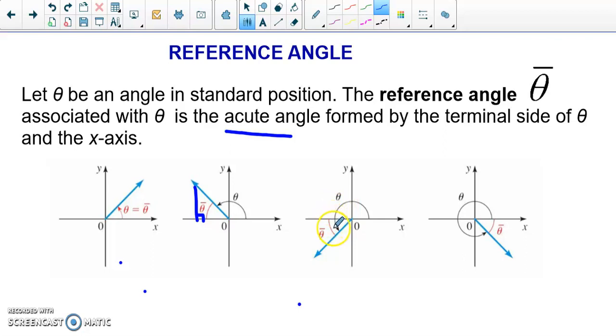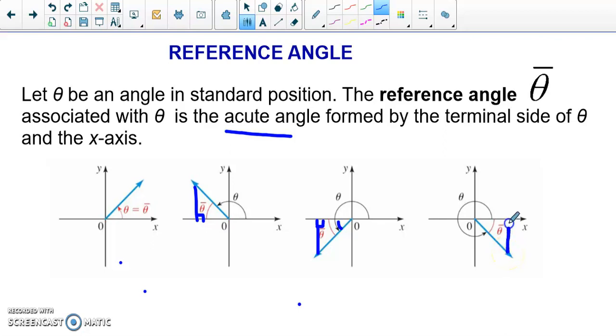If your angle is even larger and goes to the fourth quadrant, you again drop the side, always toward the x-axis, to make a right angle with it. And the measure of this angle is your reference angle for that whole angle theta.